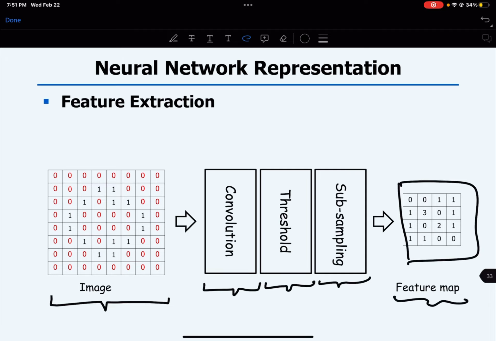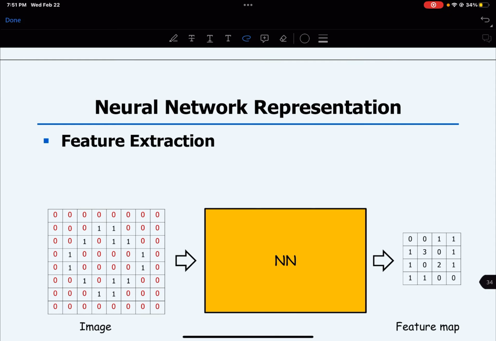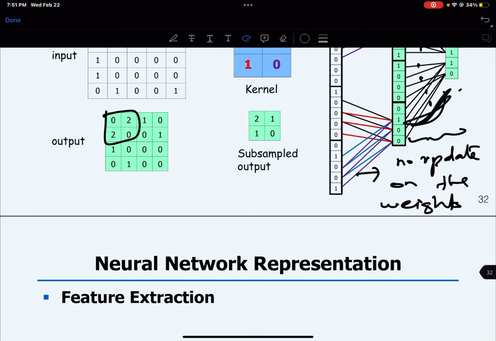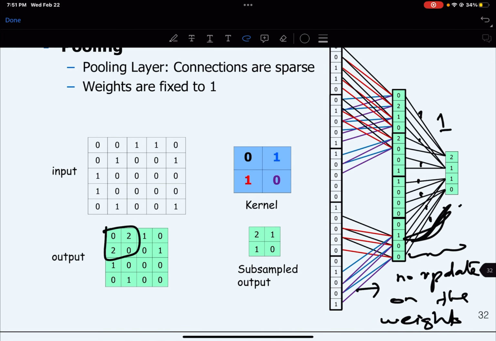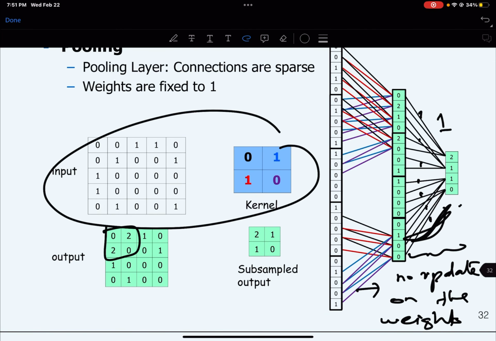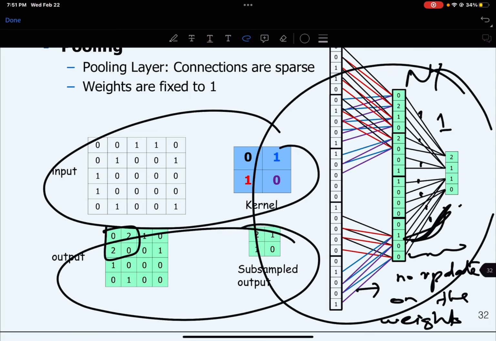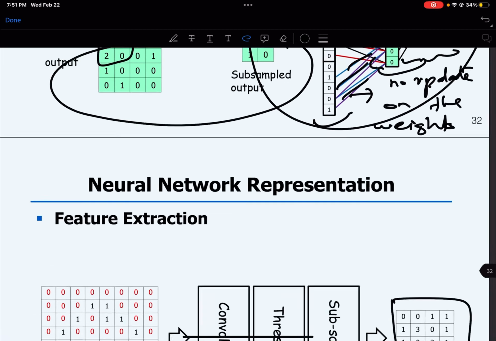And we converted this structure into a neural network representation with weight values on each of the links connecting the layers, first layer, second layer, third layer, for example.